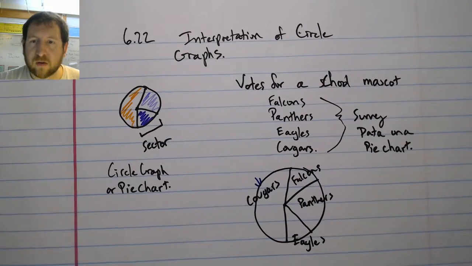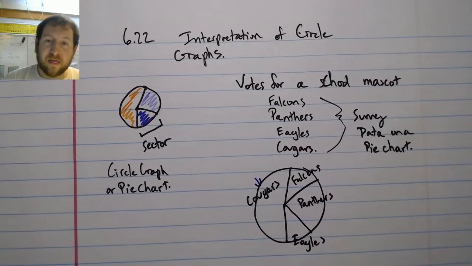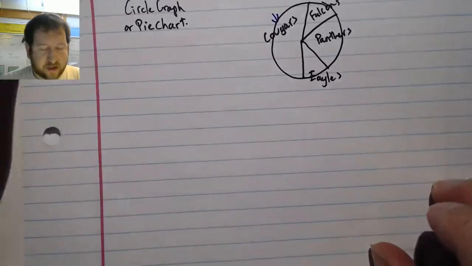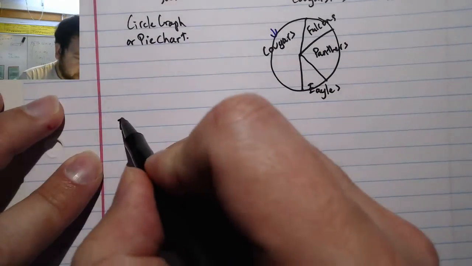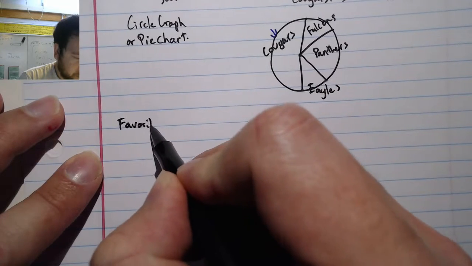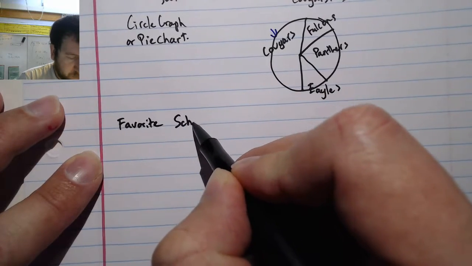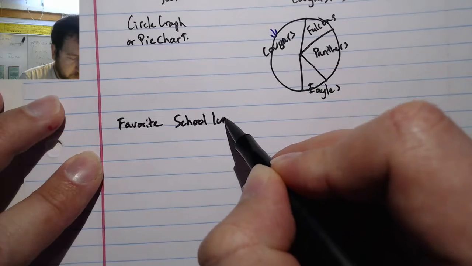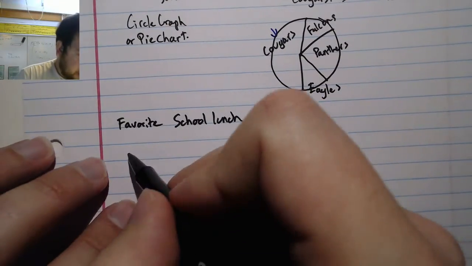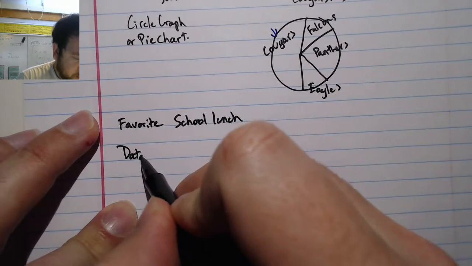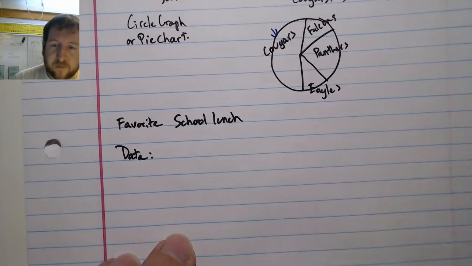Okay, so let's take a look at this one. We're going to look at an imaginary survey for favorite school lunch. All right, so our data here looks like this. We have 4 things on our survey.